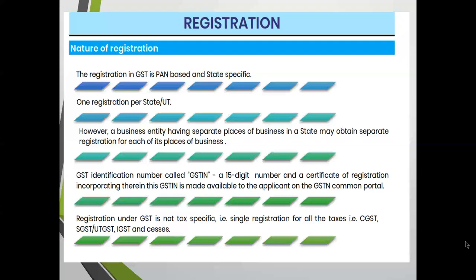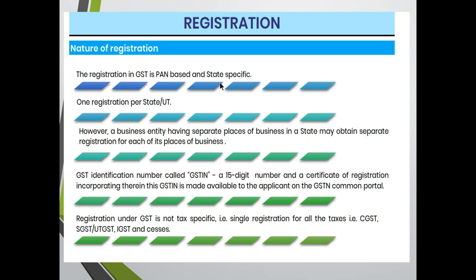So in that way, on registration, I was mentioning that GST registration is PAN based and state specific. PAN based means for a PAN, you would be required to get registration. Within a state, separate registrations are not required if you are adding branches.